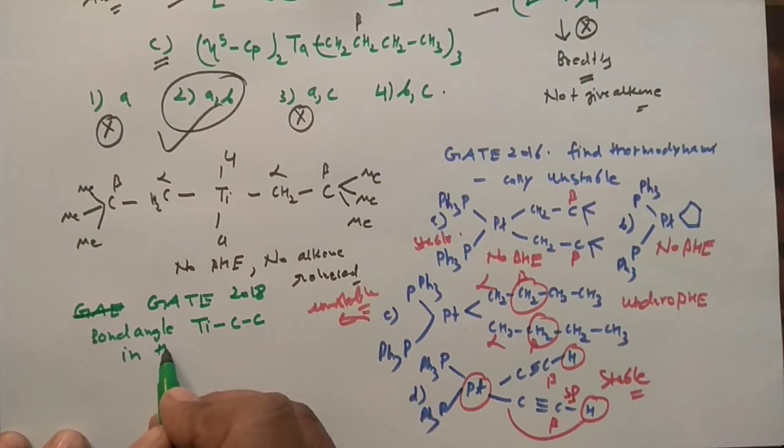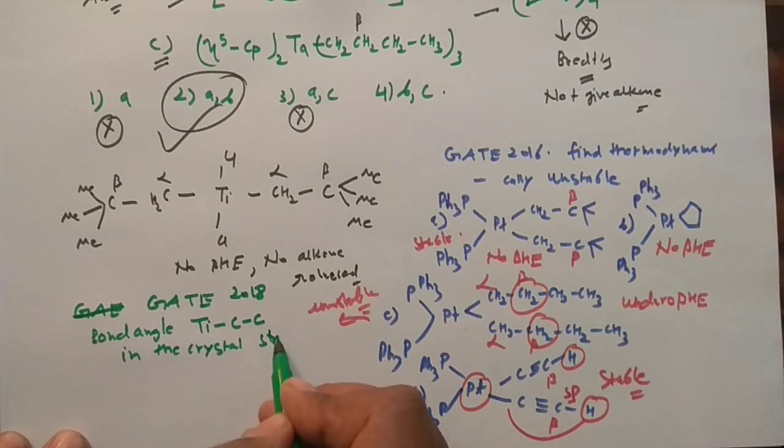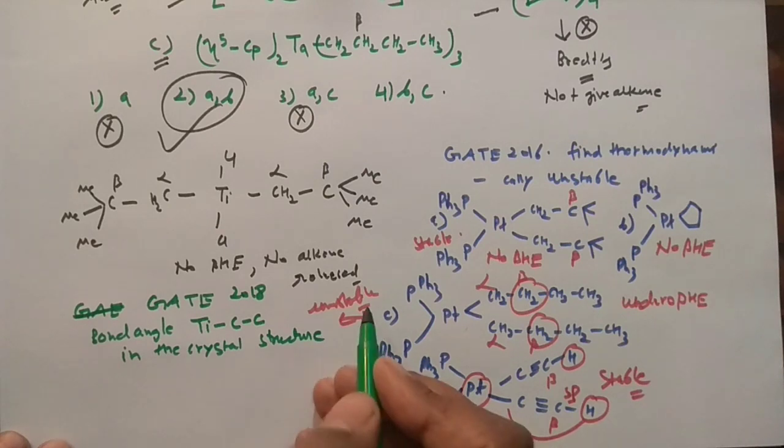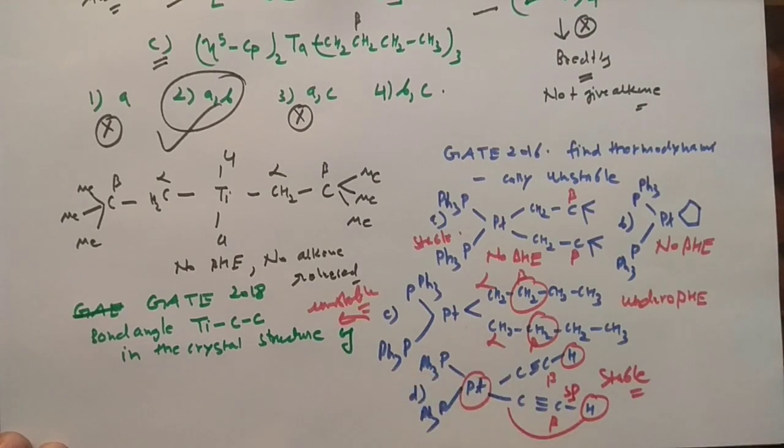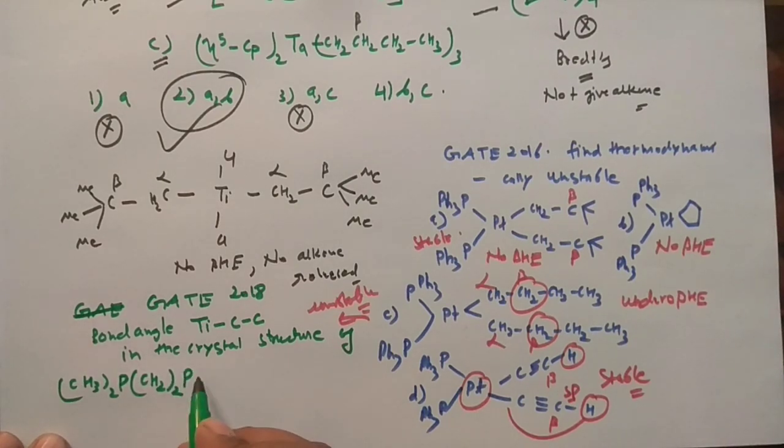in the crystal structure of, and that crystal structure was (CH3)2P, then (CH2)2, then P(CH3)2.